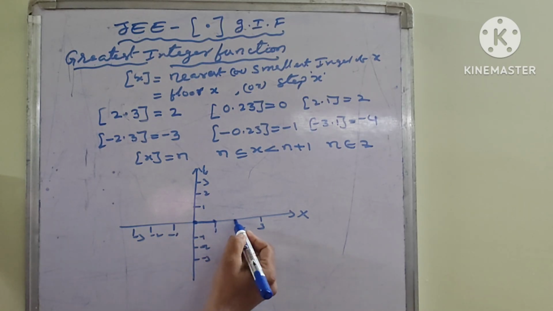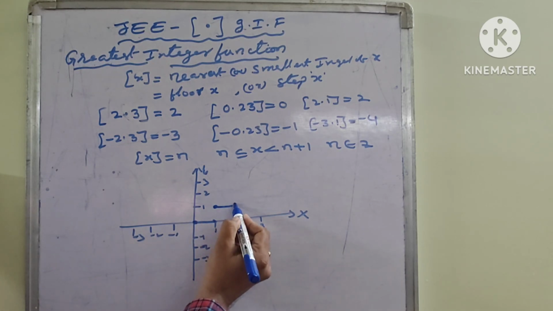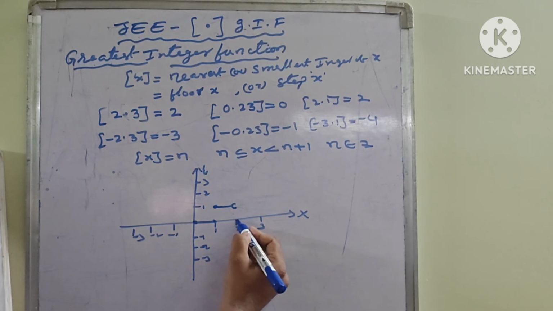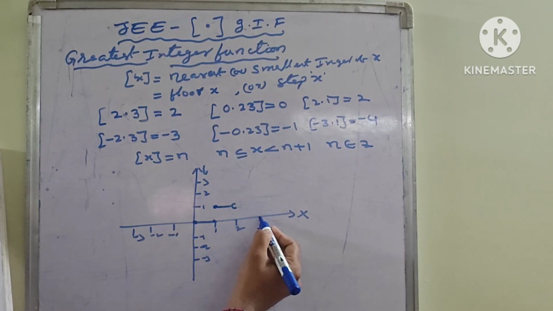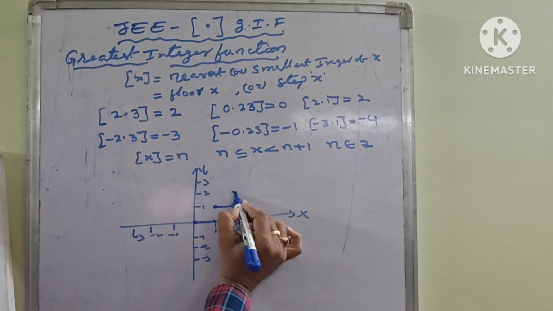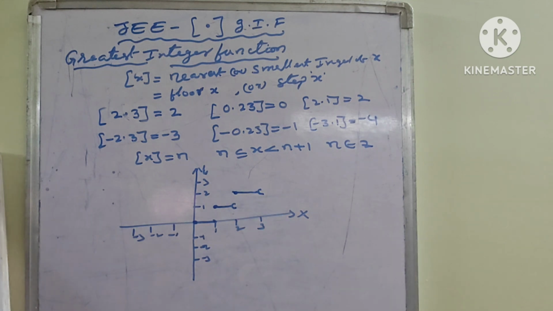For 1 less than or equal to x less than 2, the value is 1. For 2 less than or equal to x less than 3, the value is 2.